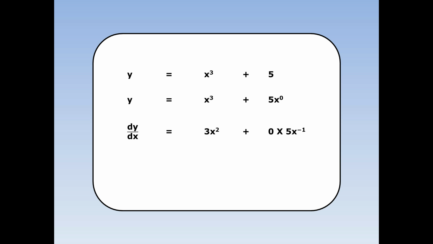The 0 drops down the front and multiplies, and 0 take away 1 is minus 1. Now 0 times anything is 0, so the constant has disappeared. And in general, numbers by themselves disappear.